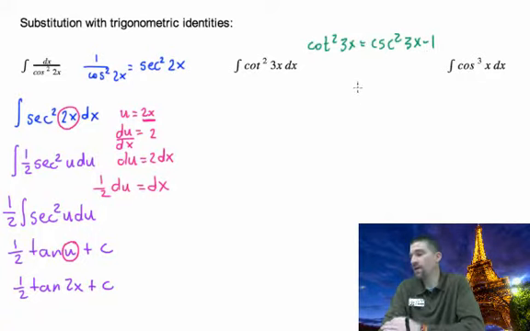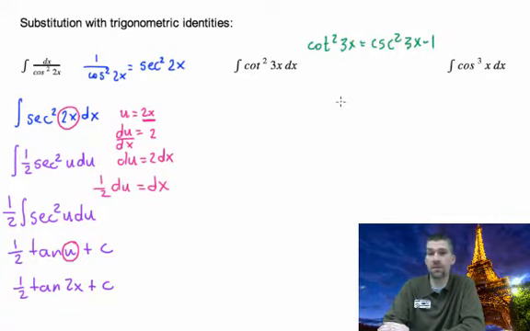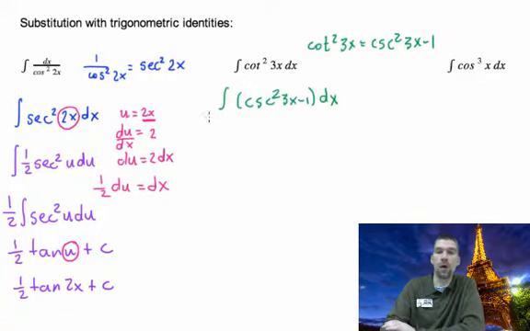Okay, so we don't have anything that works with cotangent squared, but we do have stuff that works with cosecant squared. So my integral on this guy then is going to end up being the integral of cosecant squared of 3x minus 1 dx. All right. Well, how do you handle this situation?